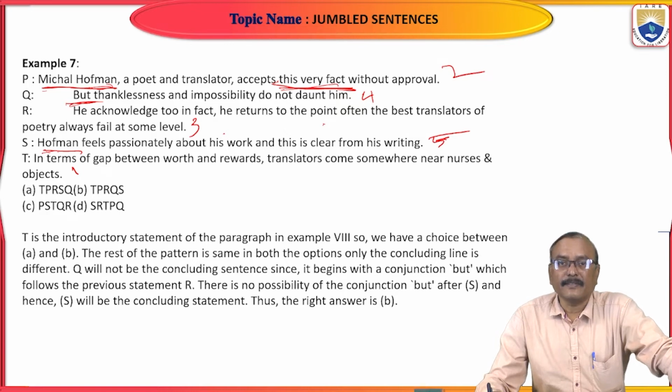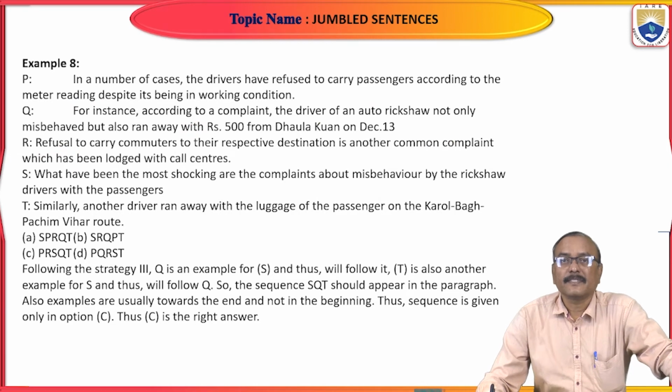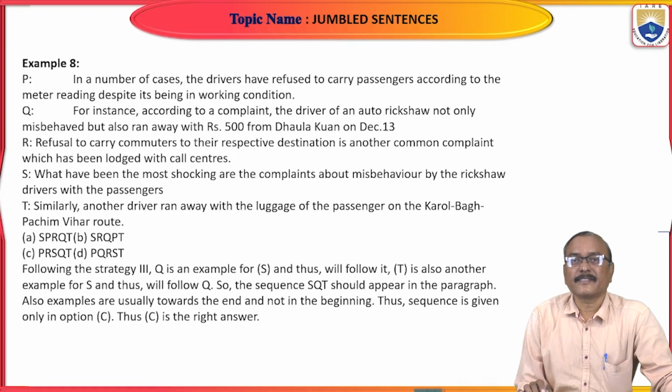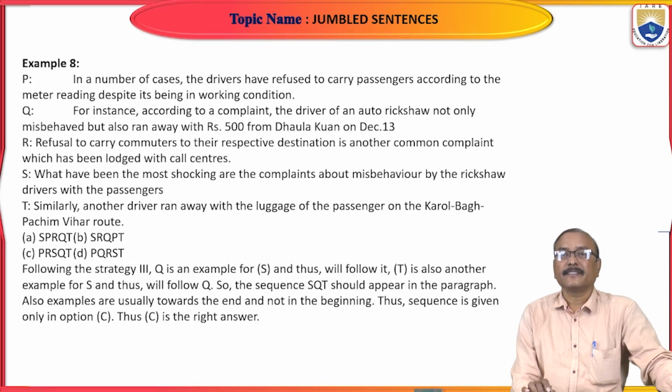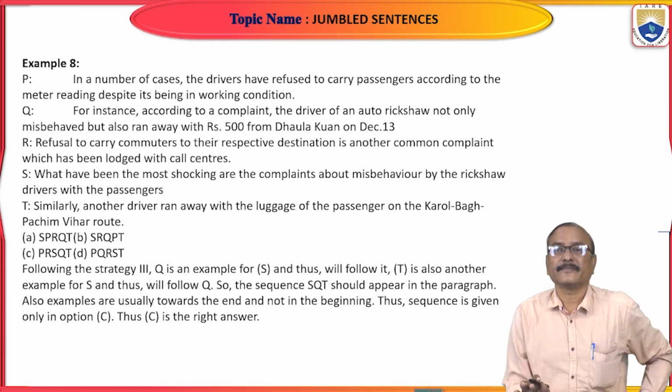So, next one. See this. In a number of cases, the drivers have refused to carry passengers according to the meter reading despite its being in working condition. It is a general statement.